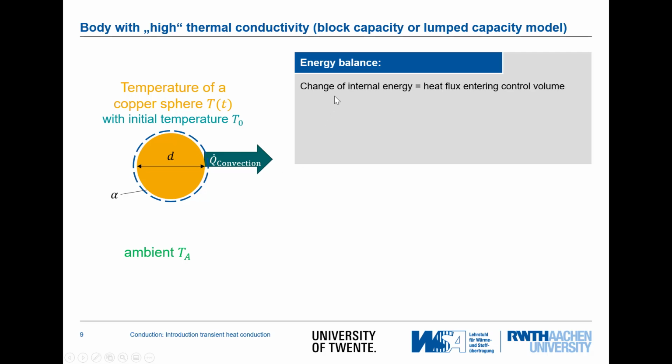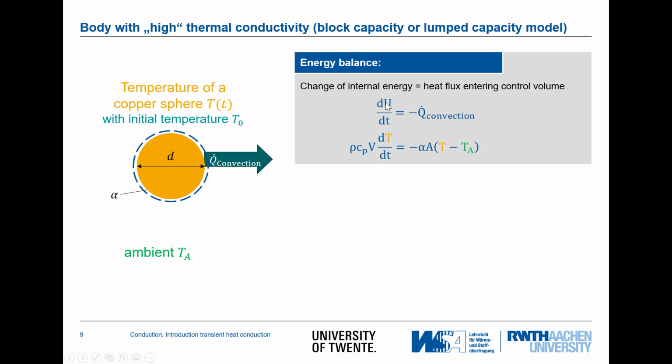Because in our energy balance we always state that entering heat flux is positive and exiting heat flux is negative. Here the control volume is inside the dashed line, so the heat flux that we draw here is negative. And so on the left side, the change of the inner energy is equal to the negative of the convected heat.